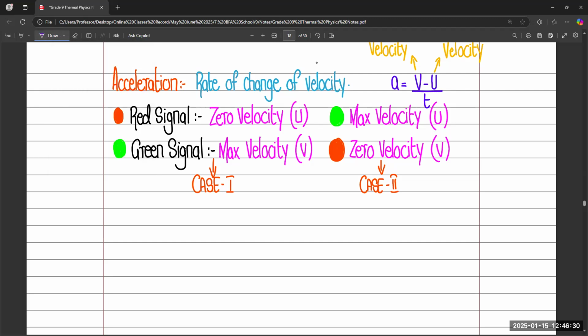So according to the first case, we can say it is acceleration, and it is positive. But in case 2, we know that speed decreases. So when speed decreases, that is called deceleration, and this is negative. Okay.